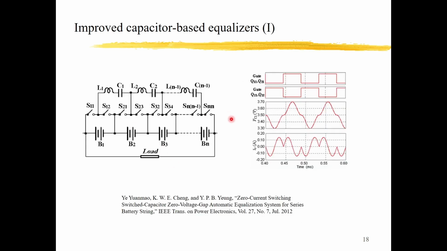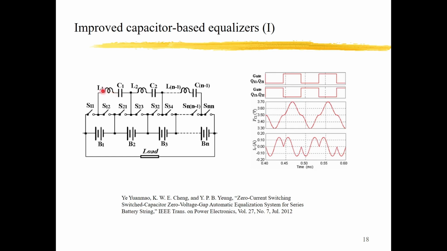And there are several improvements on the capacitor-based equalizers. This one is easy because this is only to improve the current spike. Here we only want to solve the problem of the current spike.